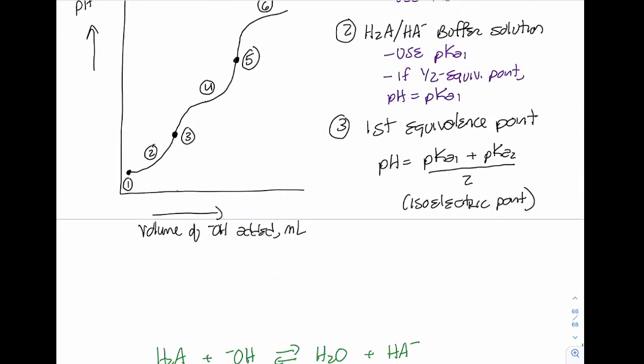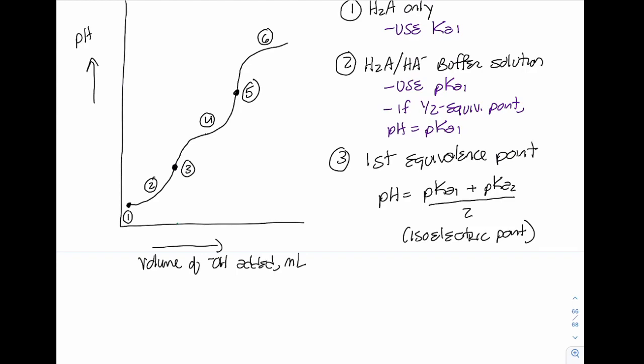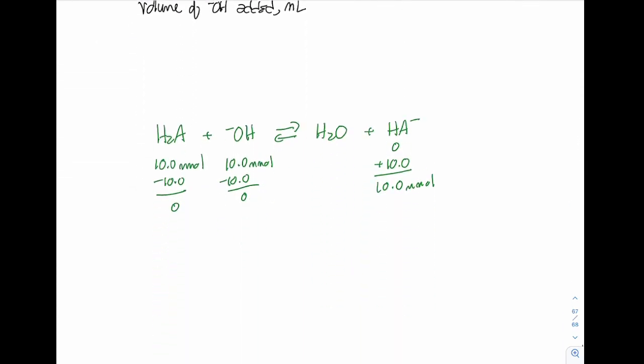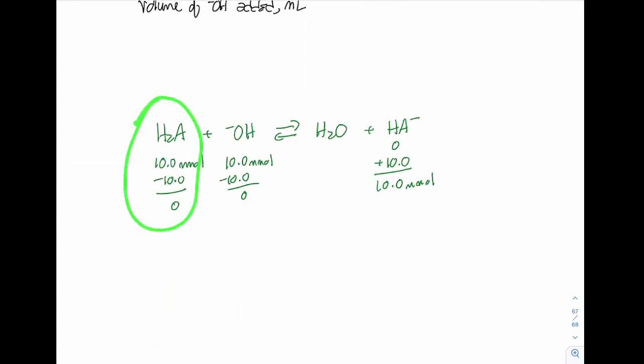So what we're doing now is we're continuing to add base, right? We were at this point, I'm still adding base. So this point here, we're actually now on our second reaction. All of this has been neutralized. So when I go to write my neutralization reactions for anything after that first equivalence point, it's going to be the reaction between HA minus plus my hydroxide ions.